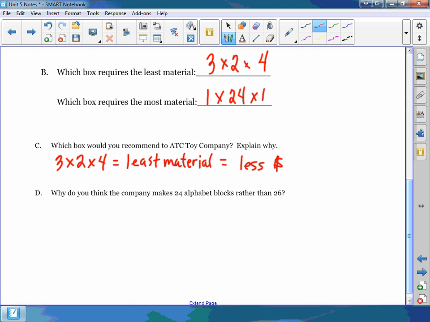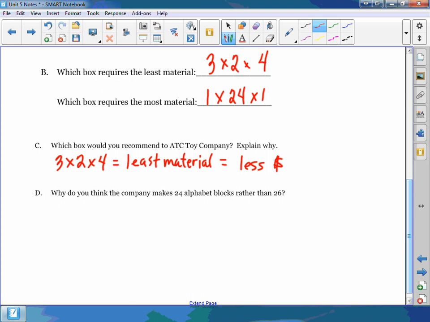Okay? So I would go with that. Now, Ellie, you said your other one would be the 2 by 2 by 6, and that was 56 square inches, I believe, right? So it's close, but here's the thing. Do you think that ATC, in some sort of weird money-making scheme, decided to make more than one package of these things? Do you think they're going to try to sell more than one of these things? Yeah, it's usually how business works, right?